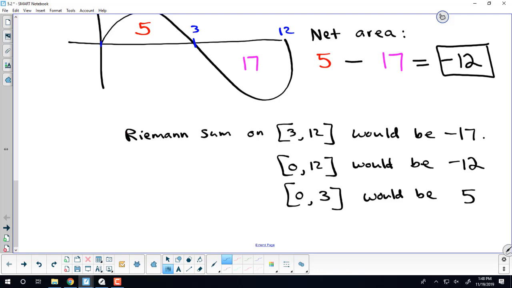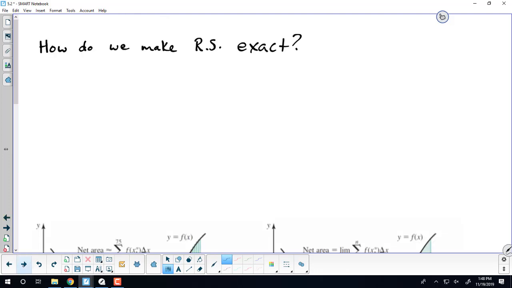So then what we're going to go into is what Riemann sums look like when we're talking about an exact area and not an approximation to the area. How did we mention we make our Riemann sums exact? What do we have to do? We have to treat them like a limit and have n approach infinity.